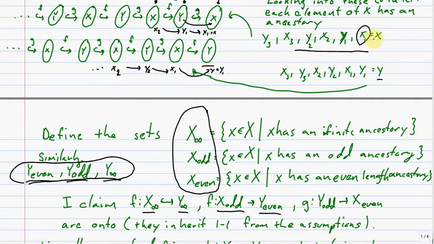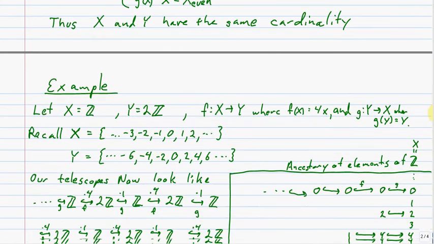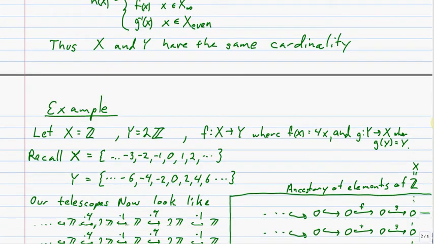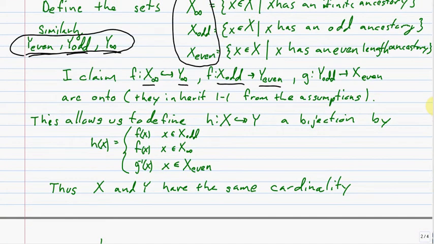If I just sort of cover up that x, then there are an even number of them left, and that element would have an even ancestry in Y. And then similarly for G mapping from Y odd to X even. Those maps are, by assumption actually, one-to-one. I've just argued that they're onto, although you can do a more formal proof if you like.